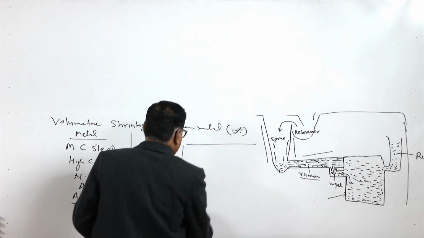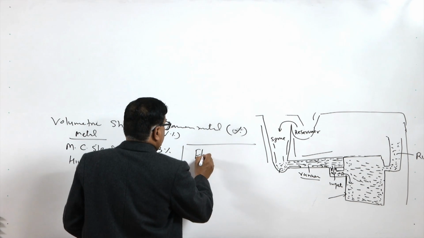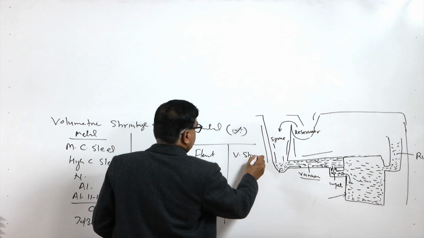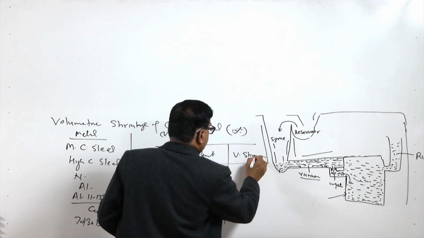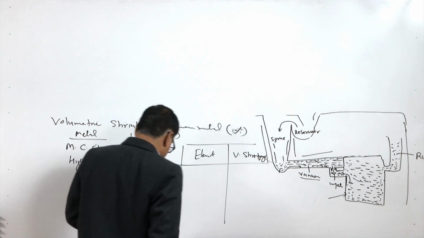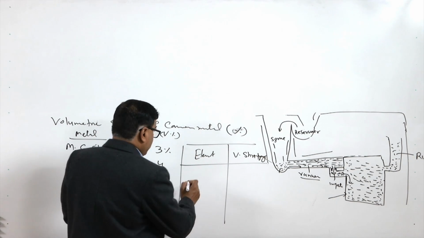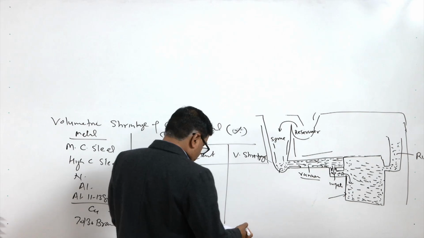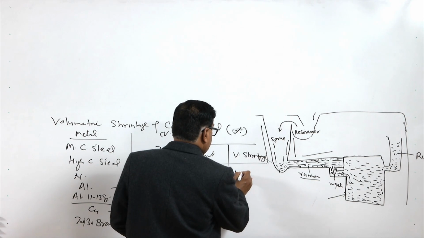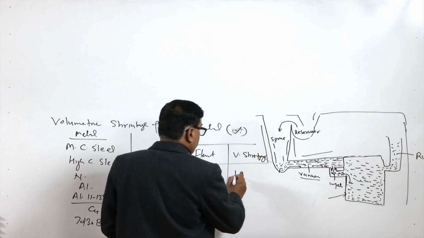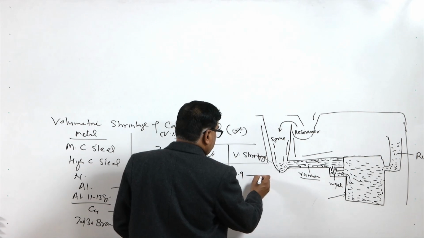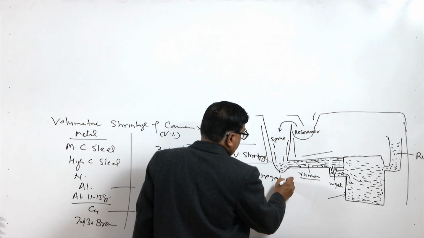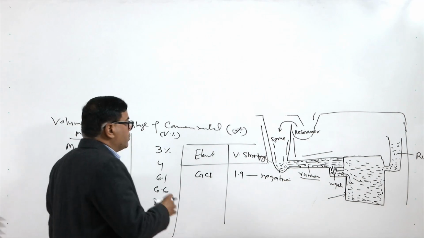Coming to the metals like, for a few more metals, grey cast iron, it is lower, sometimes there is even an increase in volume. So, 1.9 negative volumetric shrinkage, means sometimes there is even an increase in the volume due to the graphitization.